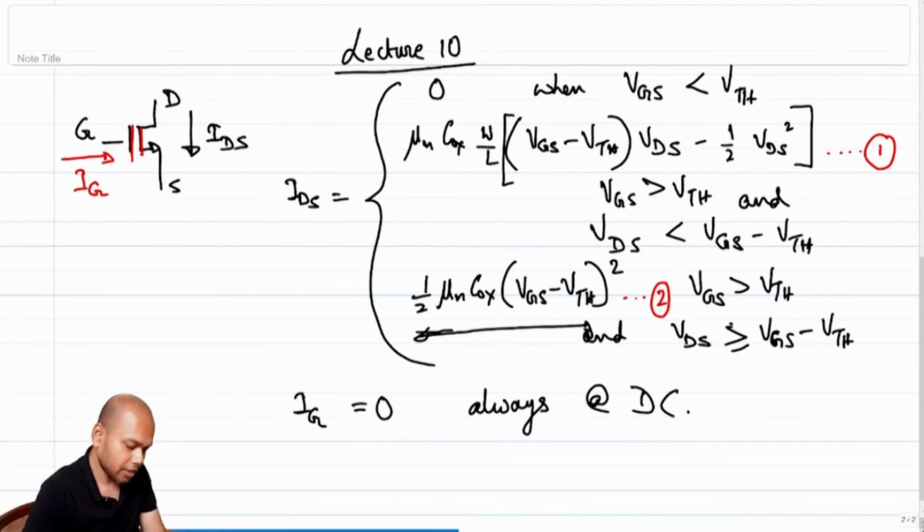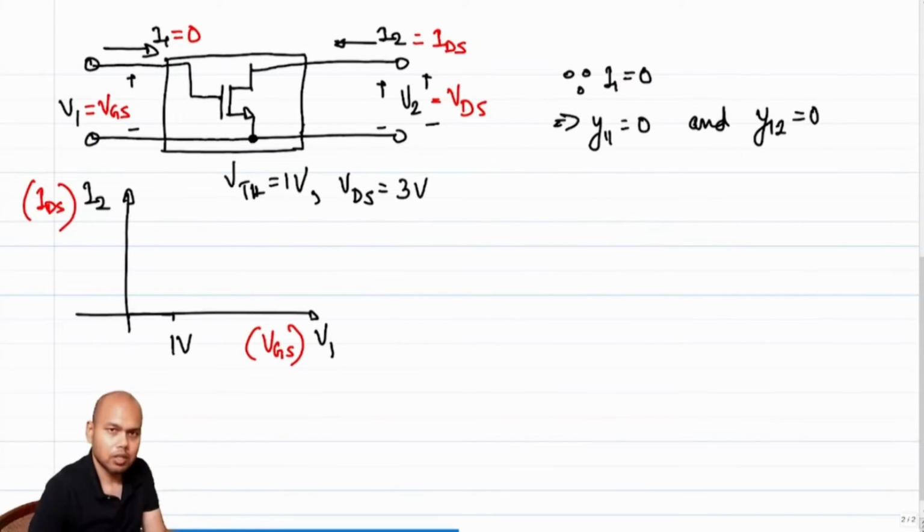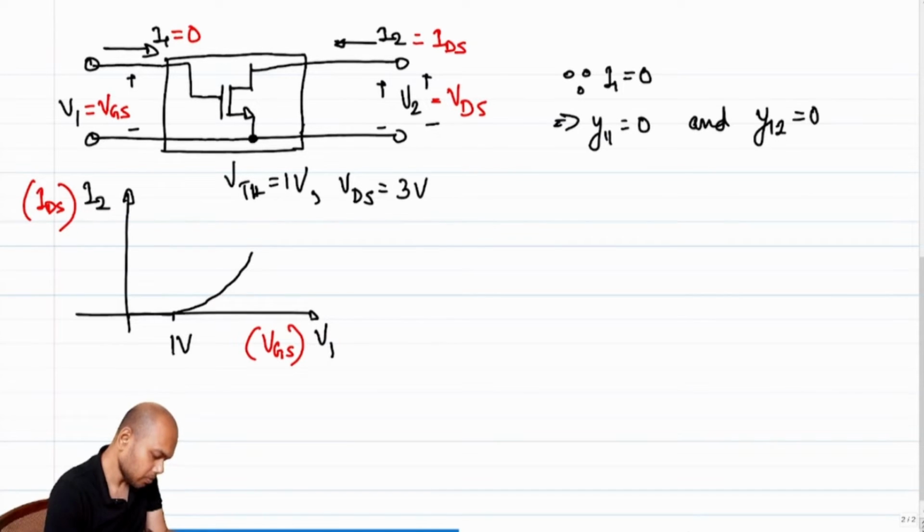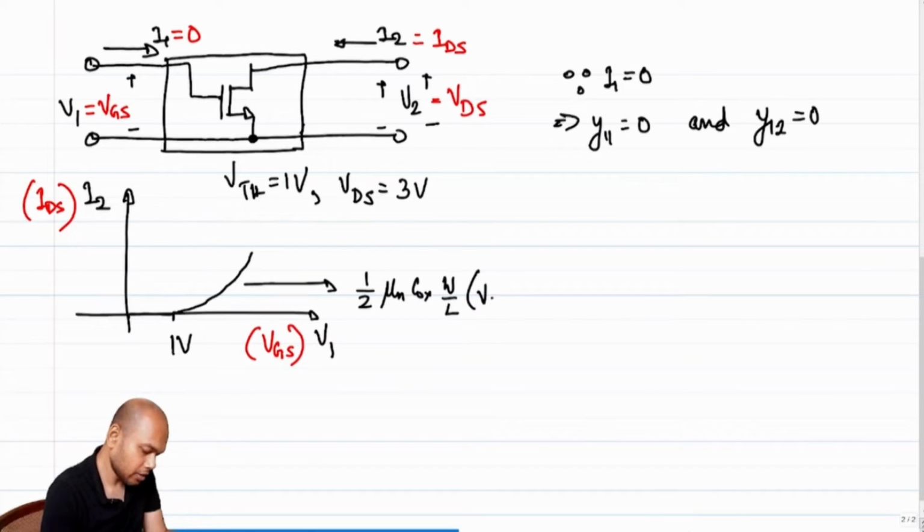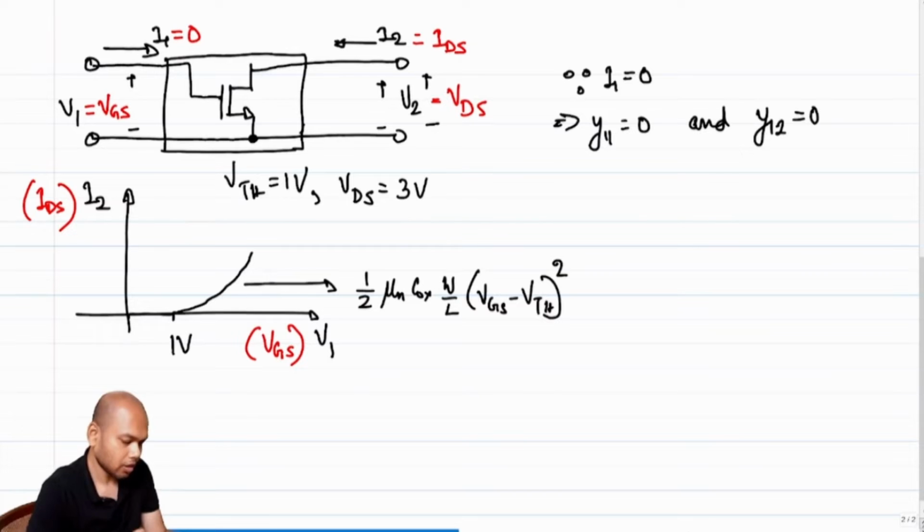Correct? If that equation holds, what should my curve look like? It should look like a parabola, right? So what is this equation? This equation is half mu n C ox W over L times VGS minus threshold voltage, whole squared, right?